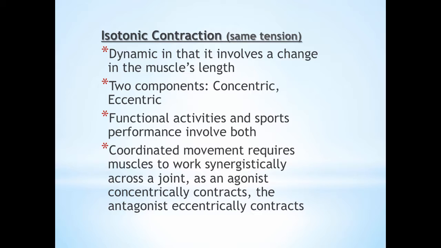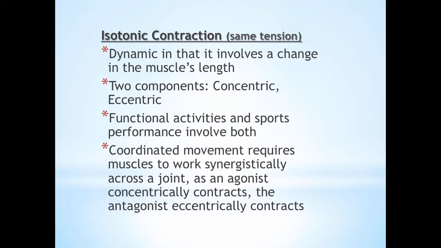A coordinated movement requires muscles to work synergistically across a joint. So as an agonist contracts, the antagonist eccentrically contracts. So if I'm doing elbow flexion and I'm moving my hand towards my face, I am actively concentrically contracting my biceps, but on the other hand, the triceps muscle, the antagonist, is eccentrically controlling that motion.